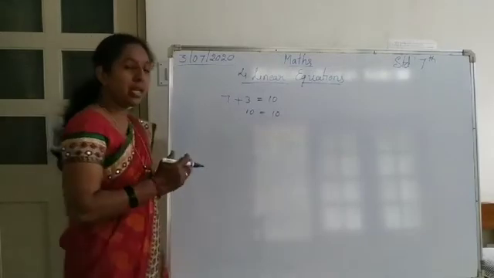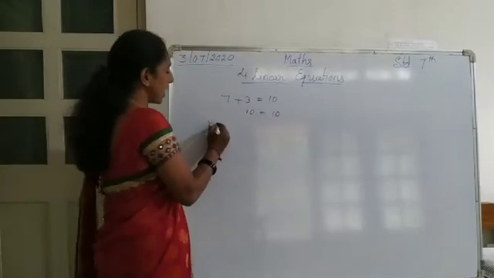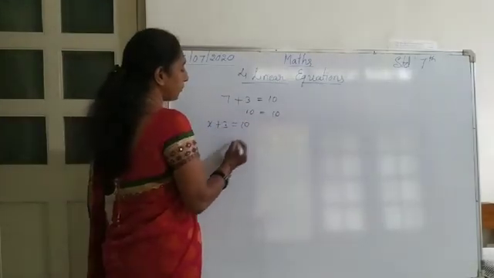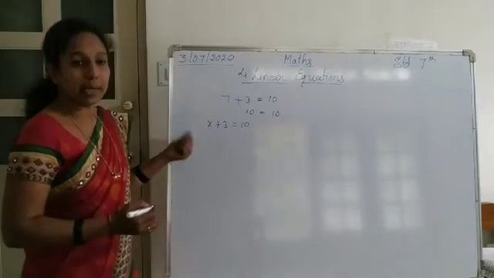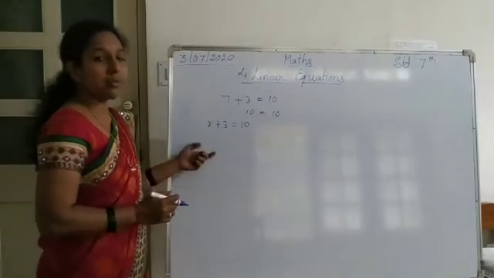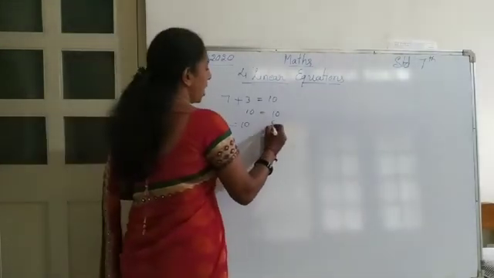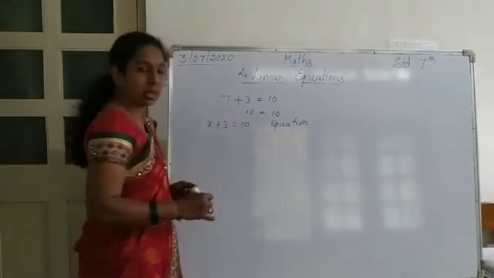In the same way, if we introduce a variable, if I introduce x plus 3 is equal to 10, this is also one of the sentences, but in the mathematical form we say that this is an equation. Why is it an equation?